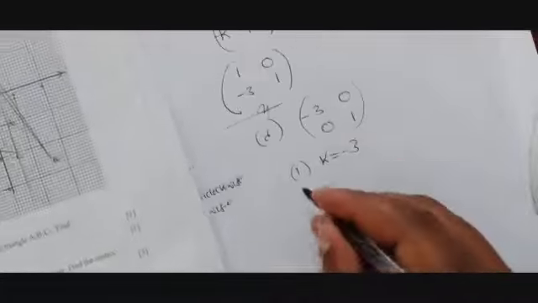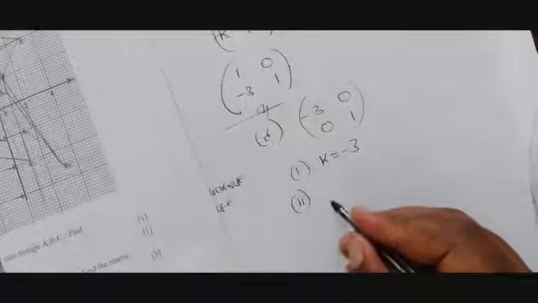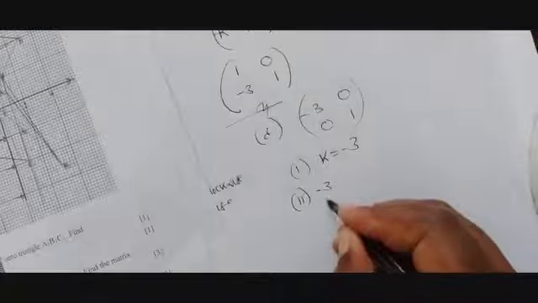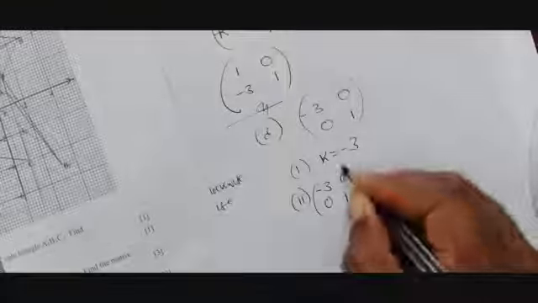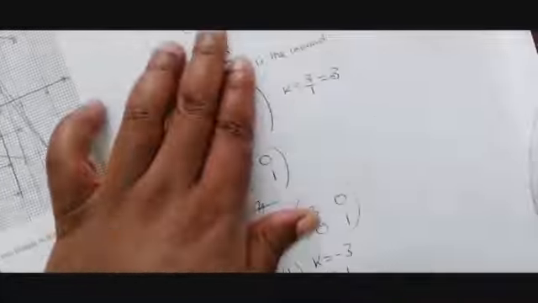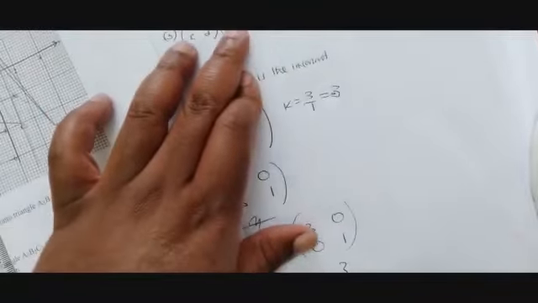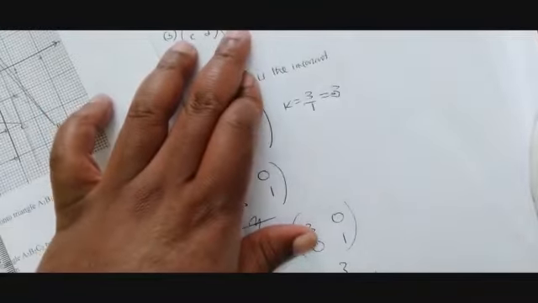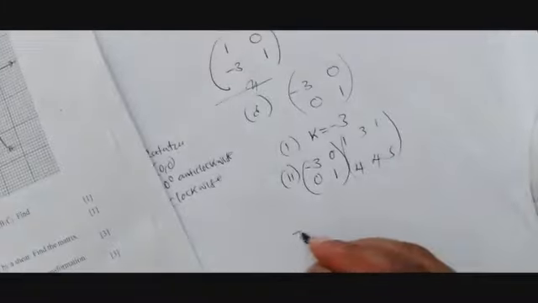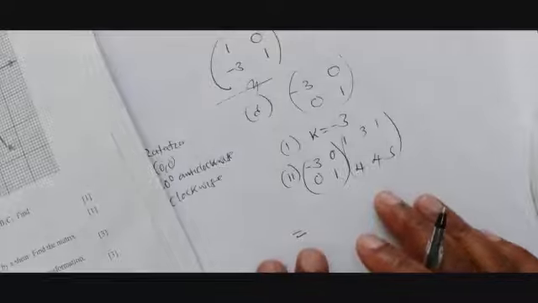Then 2, the coordinates. So get the coordinates by saying -3, 0, 0, 1 by the coordinates of the object. What are the coordinates of the object? 1, 4, 3, 3, 4, and 1, 5. So you multiply this. All right. Now this is the easiest situation you can have for multiplication.